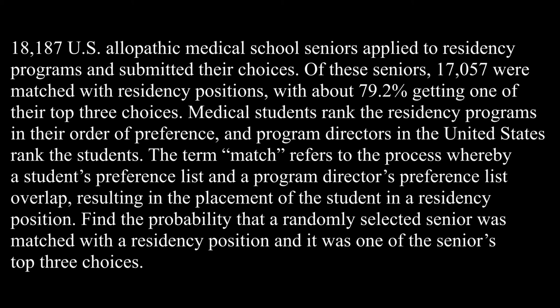Medical students rank their programs in order of preference, and program directors in the U.S. rank the students, where you get a match if a student's preference list happens to overlap with a program director's preferences, where you get the student in a position that they want, where they are wanted. Find the probability that a randomly selected senior was matched with a residency position and it was one of the senior's top 3 choices.